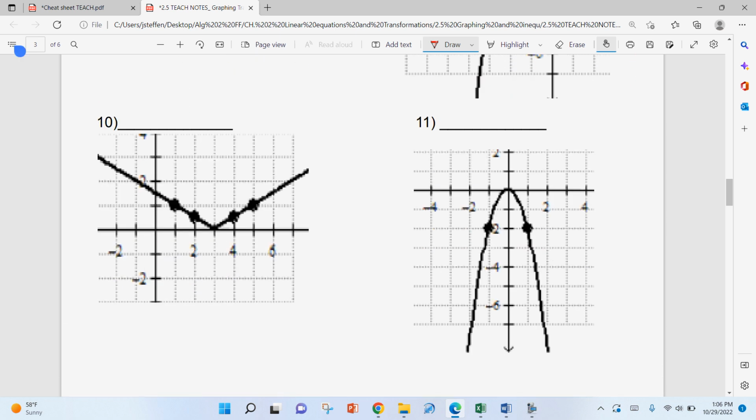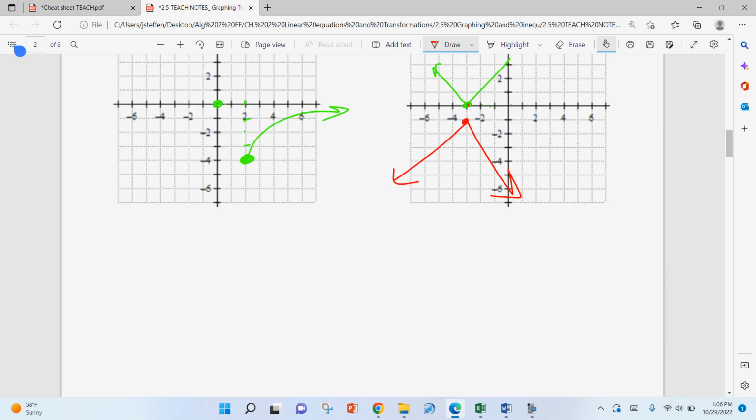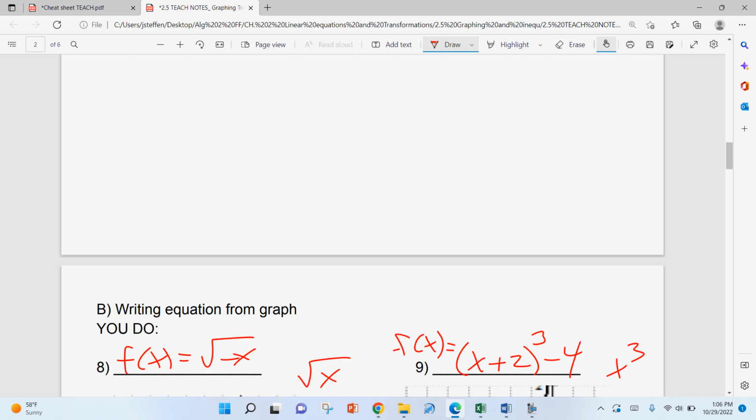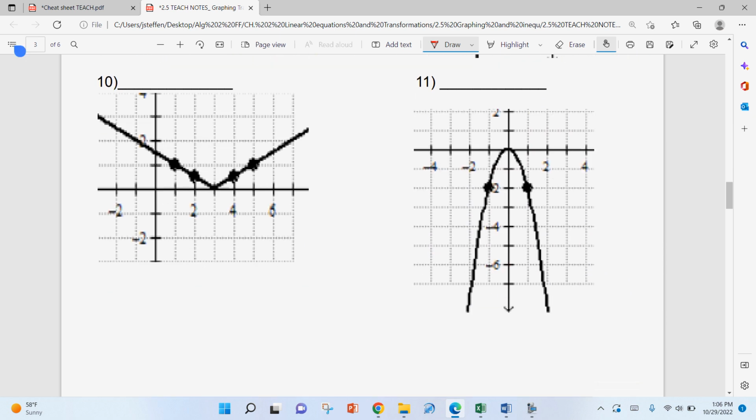Now, these two, again, I told you, these are the only ones that I'll talk about stretch or compressions on. And again, these are what you're going to have on the test, not one like we had earlier. So this one, don't stress about this one. That's confusing. But you will have, I think, just one on the test that's going to look like this, where hopefully you realize it's squished a little bit because normally from that vertex you go up 1 over 1, up 1 over 1. Same thing with this one.